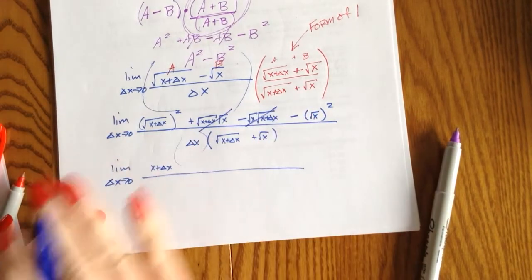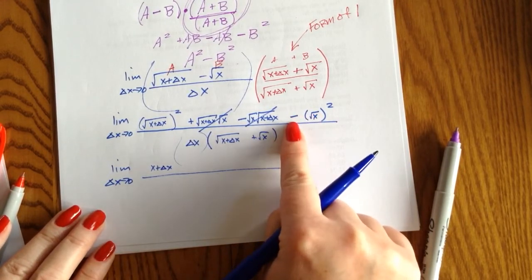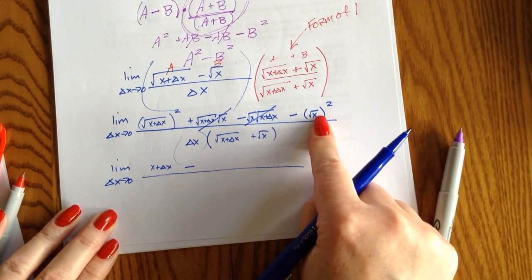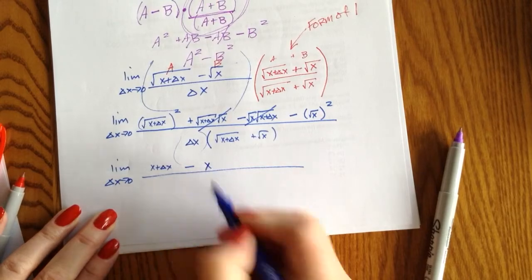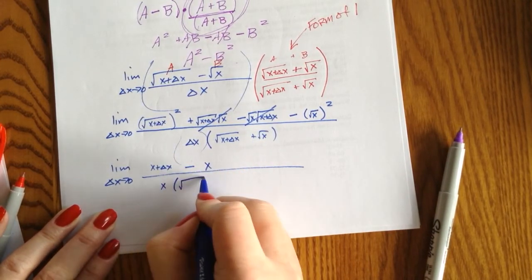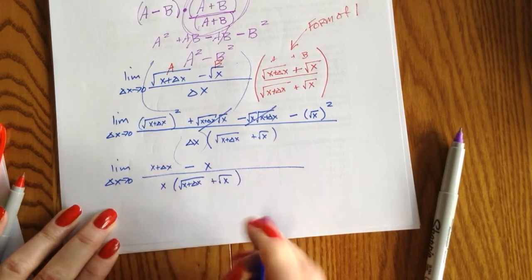Those totally cancel out. Hey, look at this negative. It's not in the square, so it's going to stay negative. It's not in the parentheses, it's before it, so it's minus, and then the square root of x squared is just x. Here's the denominator. Don't lose it. We're almost there, people. Almost there.